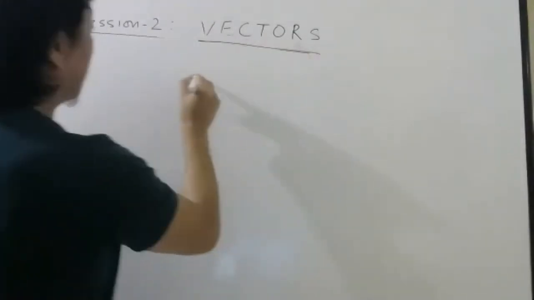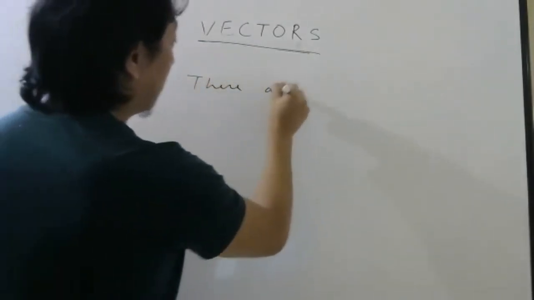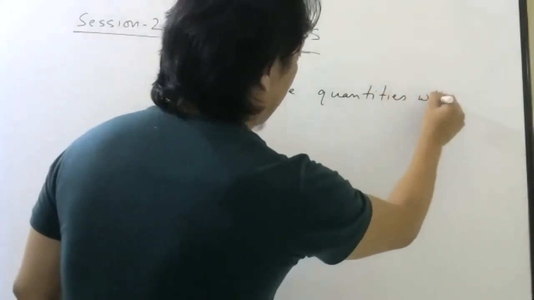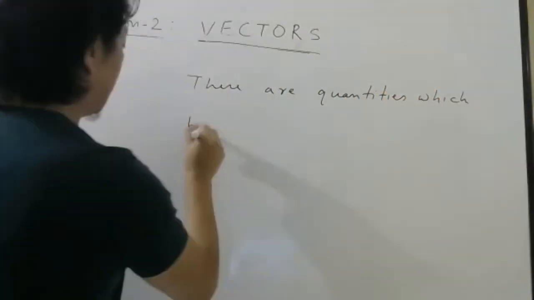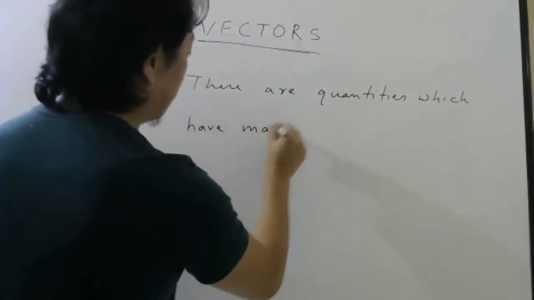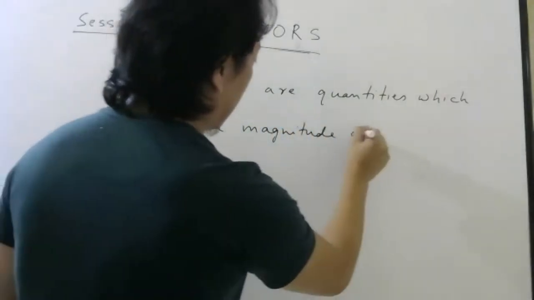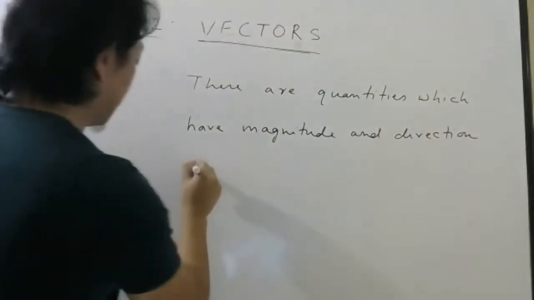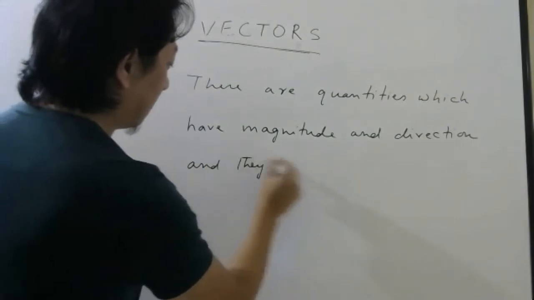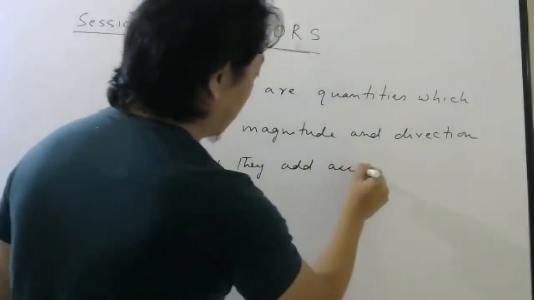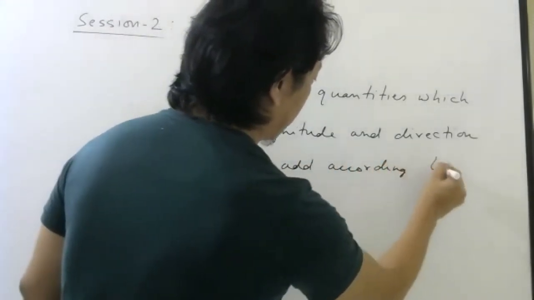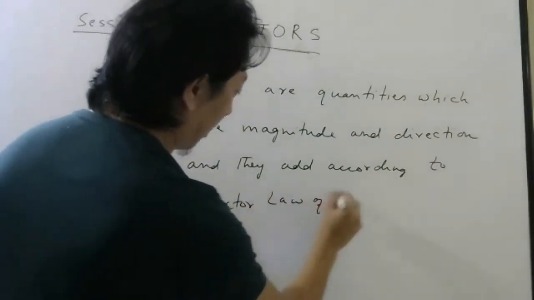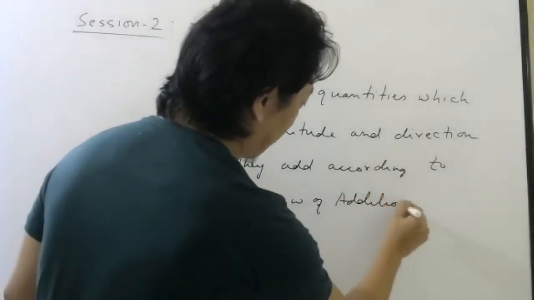So what are vectors? Okay, so write down. These are quantities which have magnitude and direction, and they add according to vector law of addition, which we have to study later.